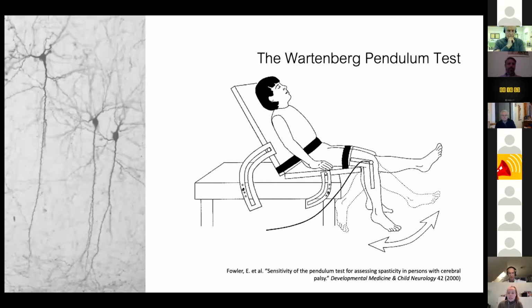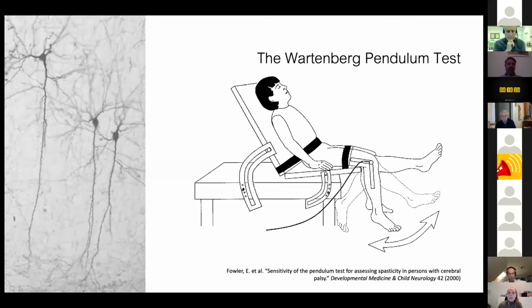The pendulum test was introduced in the 1950s to measure spasticity, and it has been proven to be sensitive to spasticity. And the test is based on letting the lower leg swing freely under the influence of gravity and measuring the knee joint kinematics.